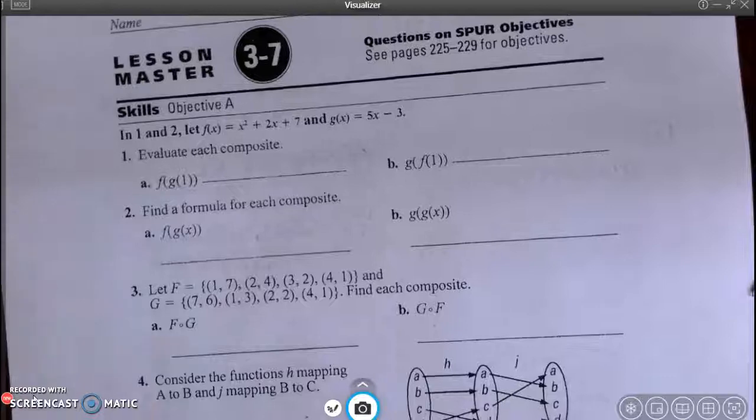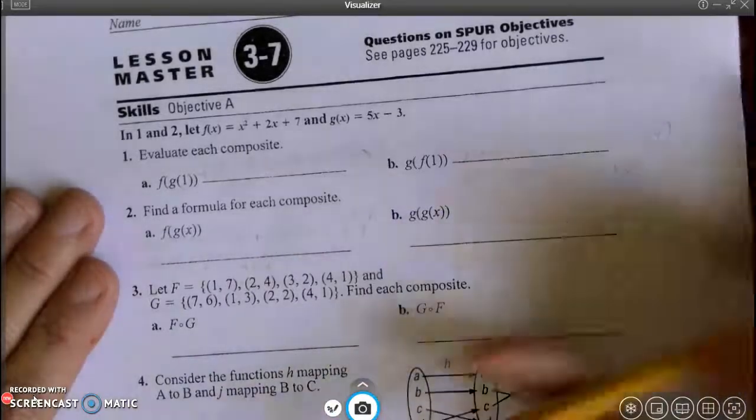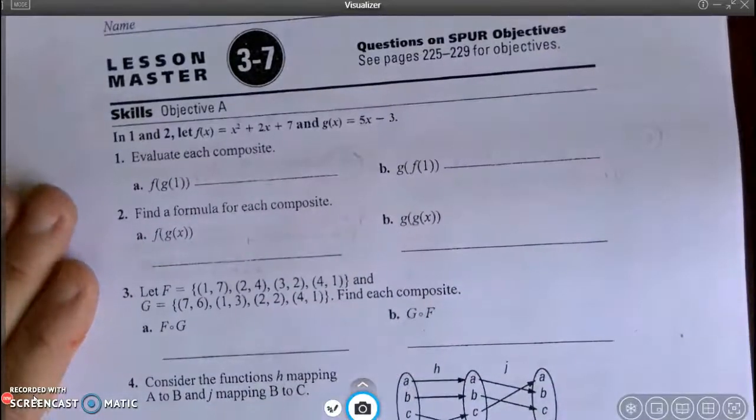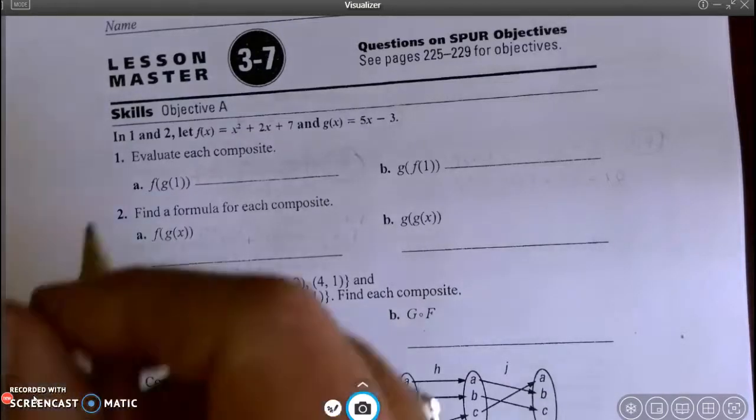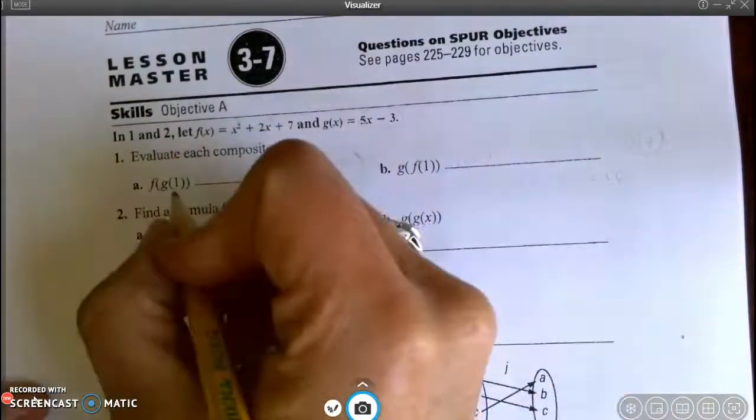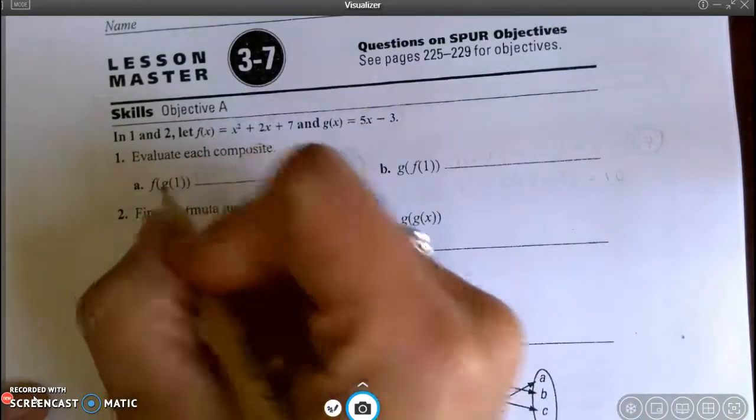Okay, so I'm going to see if I can get through at least one of the lesson masters in the next 10 minutes, and then hopefully that will be enough practice to help you do the other lesson master on your own. All right, so we're going to start off by putting 1 into the g function.